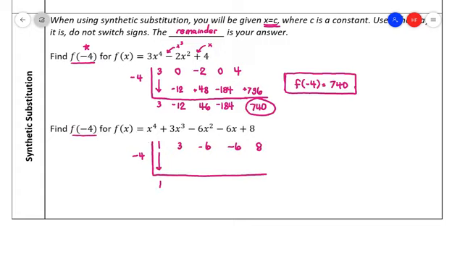Drop the first, multiply. 3 minus 4, negative 1. Positive 4, negative 2, positive 8, positive 2, negative 8, 0. So f of negative 4 is 0.